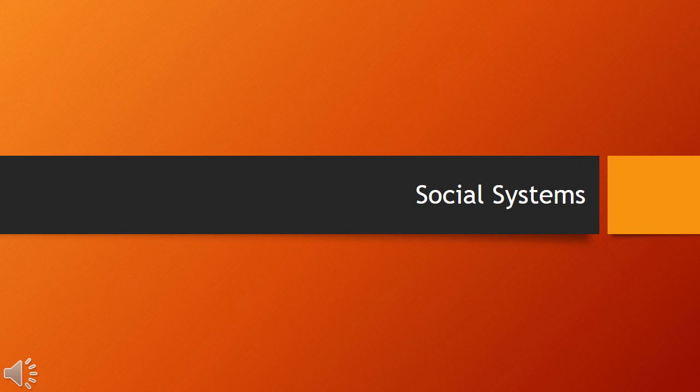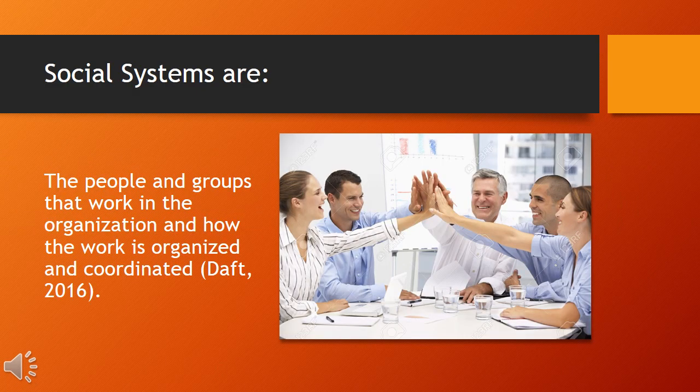Social systems. Social systems are, simply put, the people and groups that work in the organization and how the work is organized and coordinated.